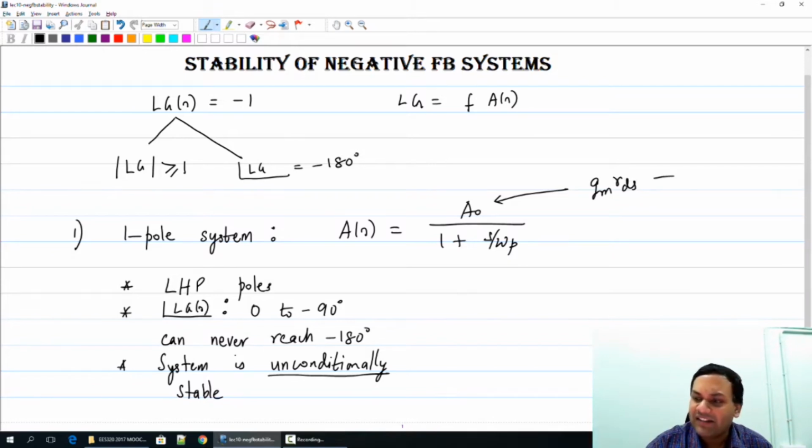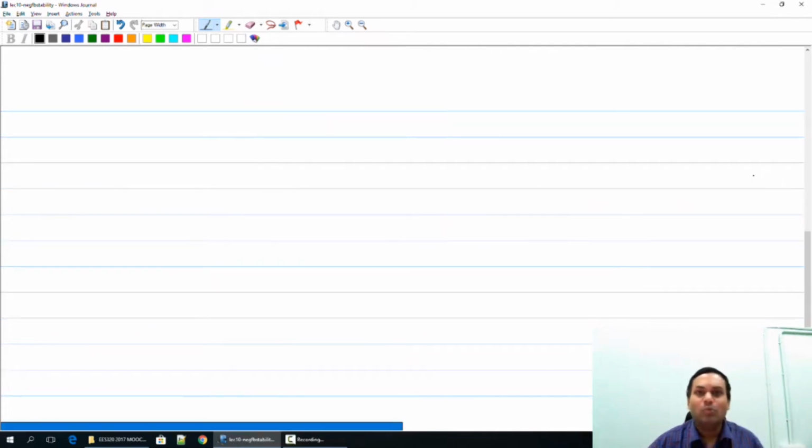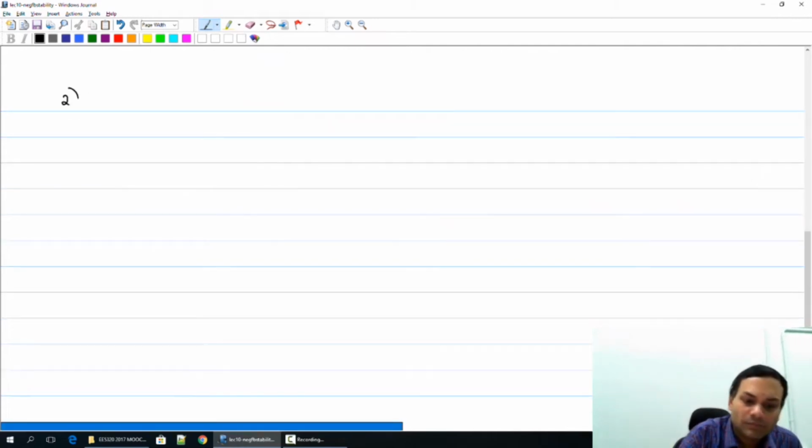Now this GMRDS number is probably a few tens to maybe 100 or so in modern processes. So therefore you just cannot get enough gain. Let us say GMRDS was 100, that is just not good enough to build a good op amp.